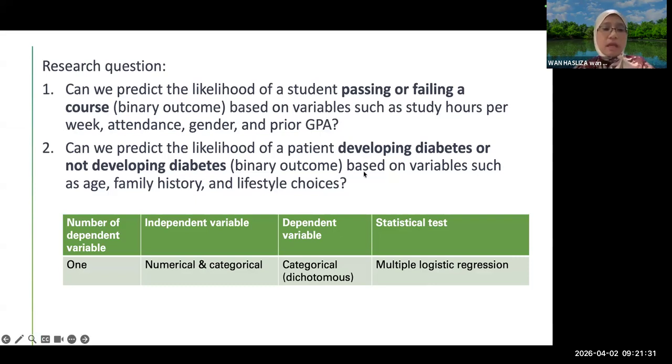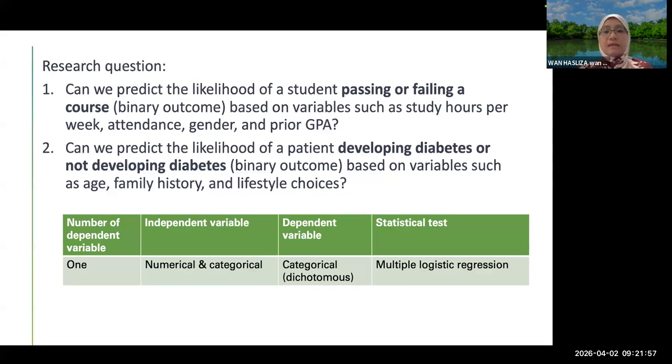Same. Can we predict the likelihood of a patient developing diabetes or not developing diabetes? It means presence of diabetes or no diabetes, a binary outcome or dichotomous. So yes or no, presence or no diabetes. So you only have two categories, two groups, diabetes and no diabetes.